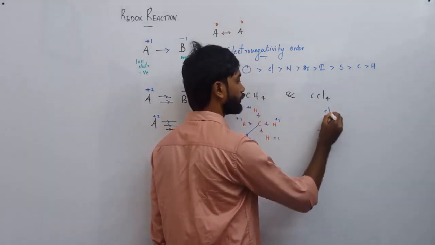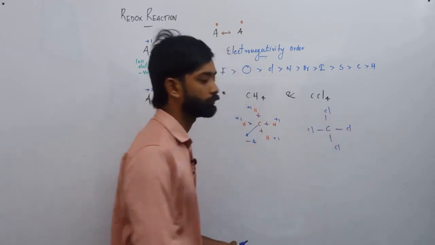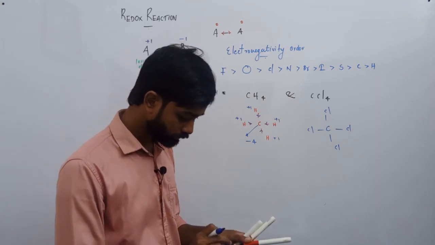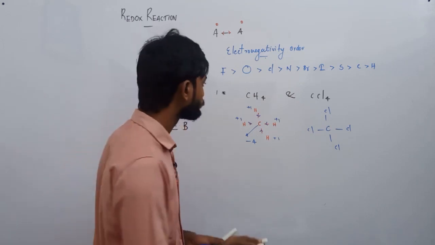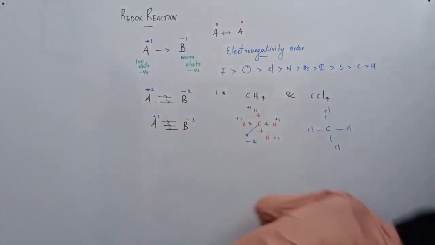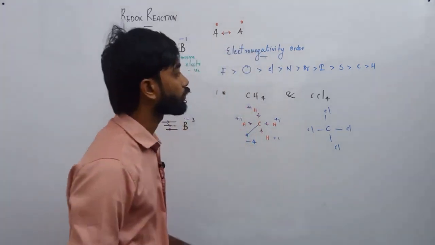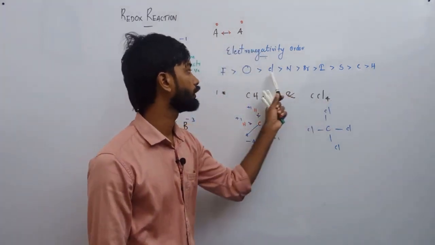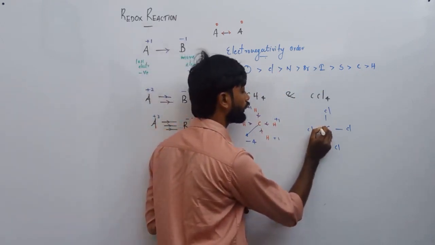CCl4. Cl, Cl, Cl, Cl. Tell me, which one has greater electronegativity? Here the carbon, here the chlorine. Chlorine has comparatively much more electronegativity than carbon.